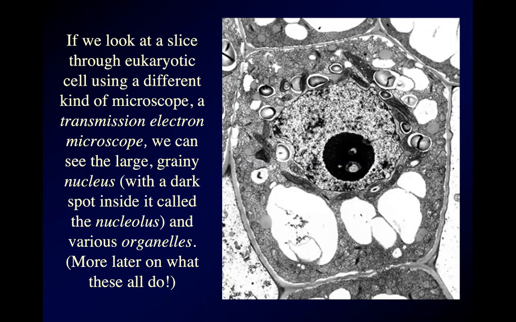All I want you to get right now is the sense that this eukaryote cell is compartmentalized. It's divided up into many parts that do different things. A eukaryotic cell is kind of like a typical building on this campus. You know, my building, the Lewis Science Center, for example, has rooms that are used as offices.